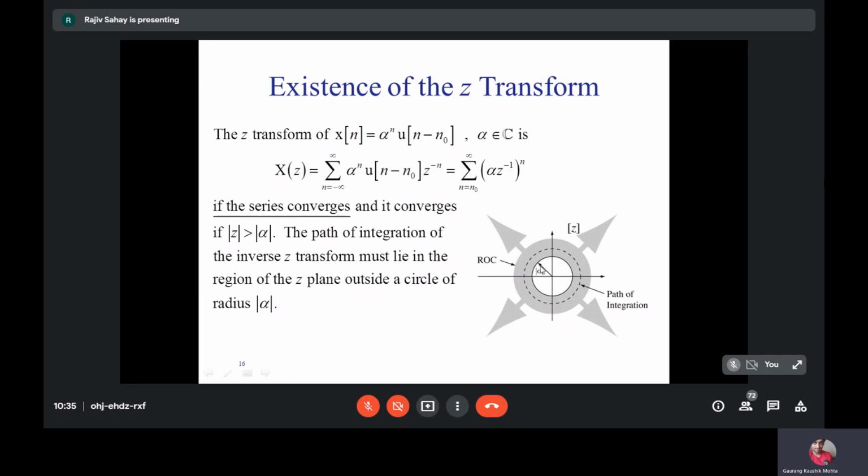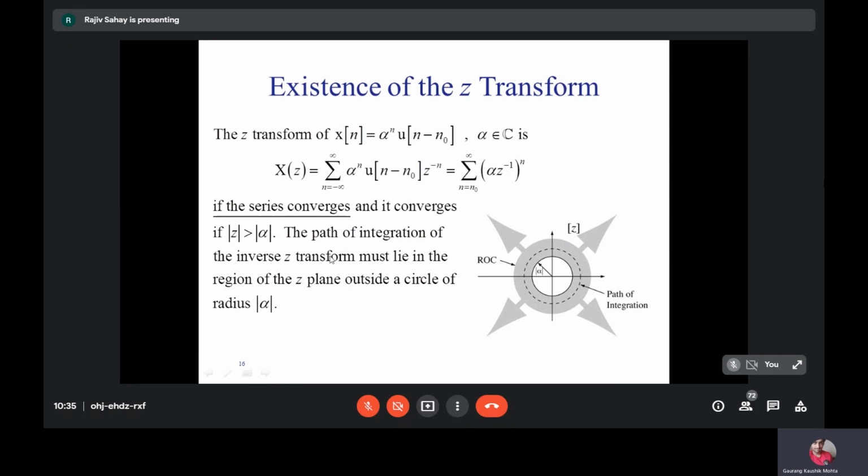This is mod alpha, the magnitude mod alpha. So all z beyond mod alpha will be in the region of convergence for this X of z. This is the expression. So the magnitude of the left hand side will be less than infinity for all complex numbers beyond this circle of radius mod alpha.